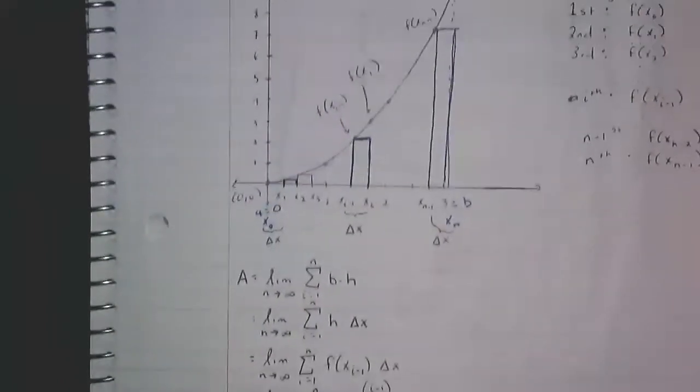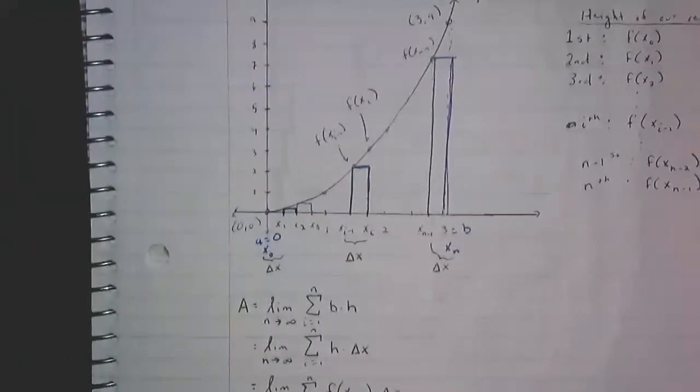Okay, so that was a left-handed sum. We're going to do that same problem, but now use a right-handed sum. How do we want to do this? Do we want to recreate this whole thing? Yeah, might as well.